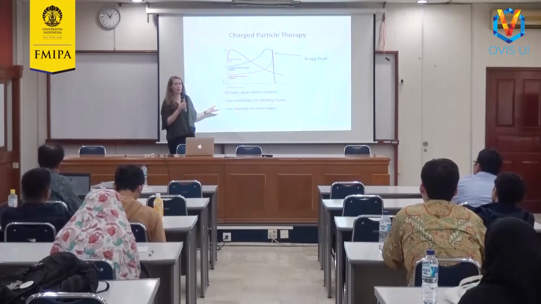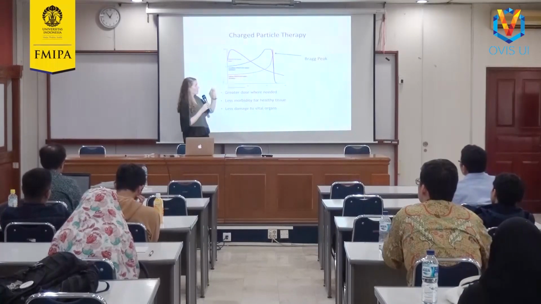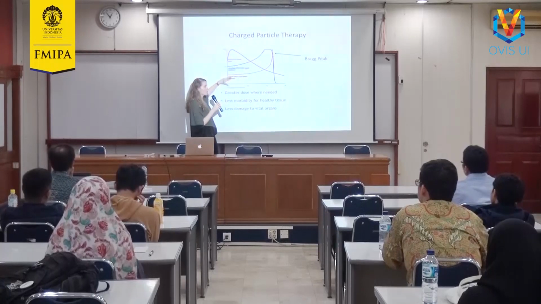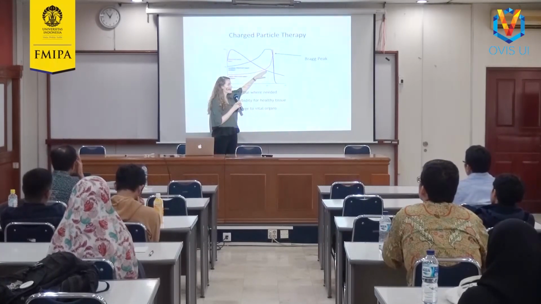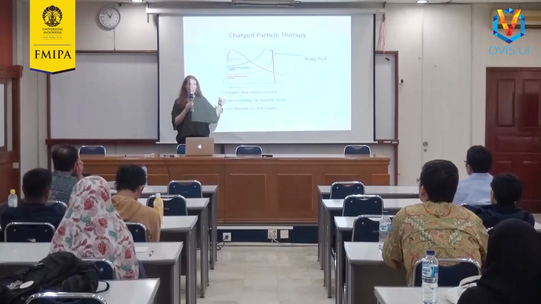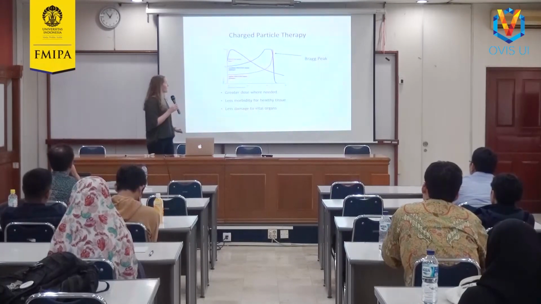But if you use protons instead, or charged particles, they have a different interaction in the material. For a small beam they come in with a lower dose on the way in, then they slow down, and as they slow down they increase the dose until it peaks right at the end of the range, and then it stops, so there's no dose after that.